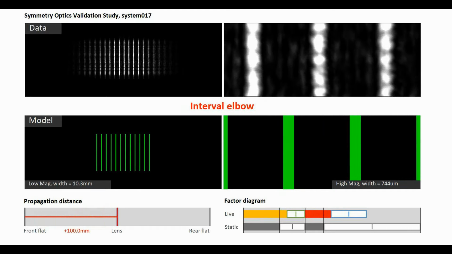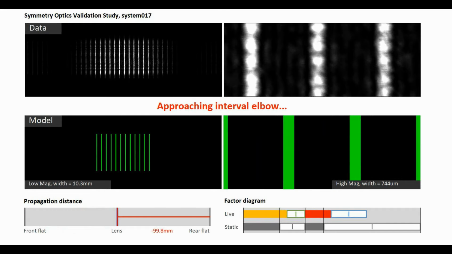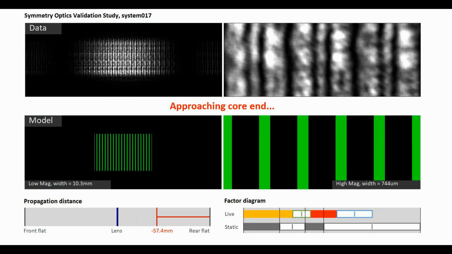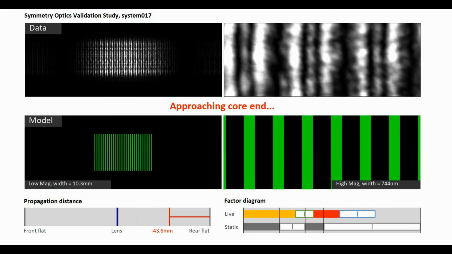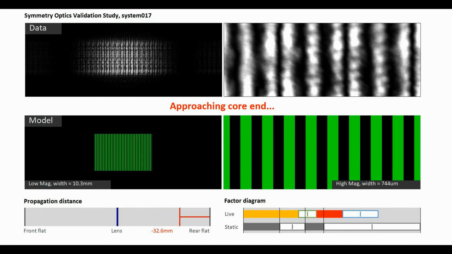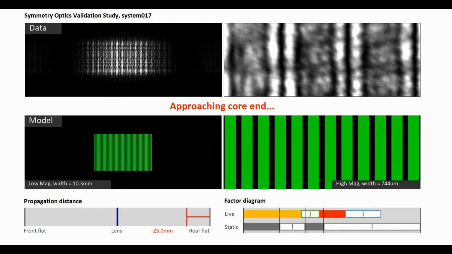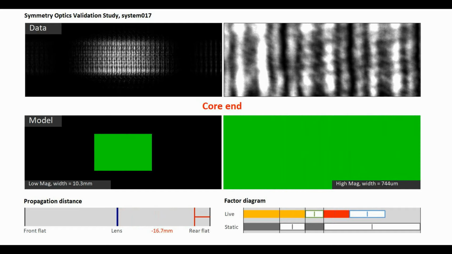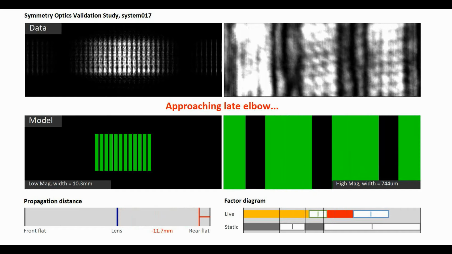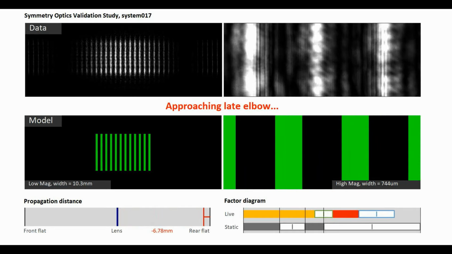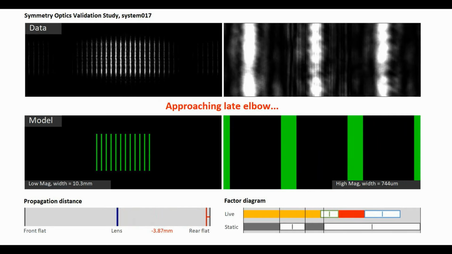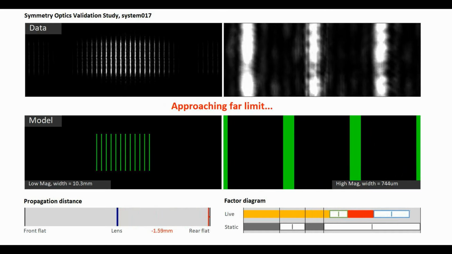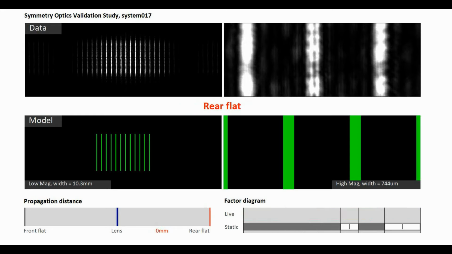Interval elbow, and passing the lens. Core end. Late elbow, and the rear flat.